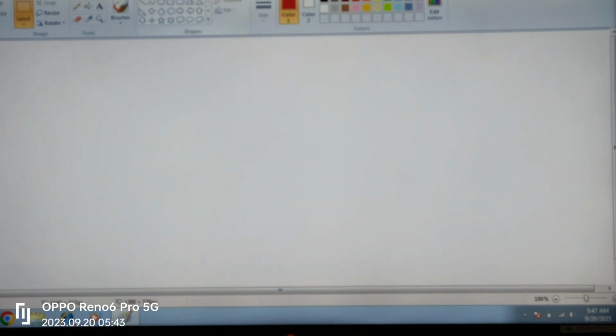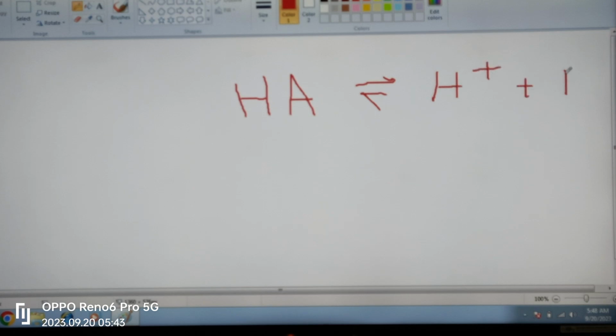Let us take an acid with a general chemical formula HA, which will eliminate one proton to form the conjugate base, A minus. A negative means this is an anion.